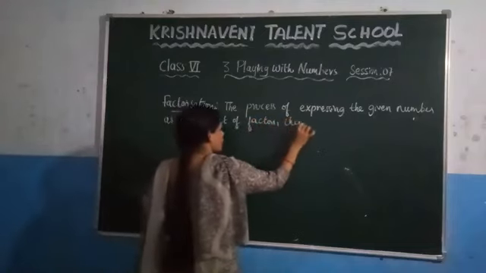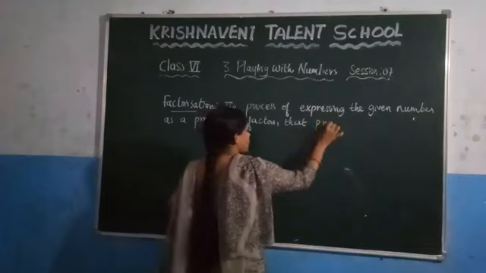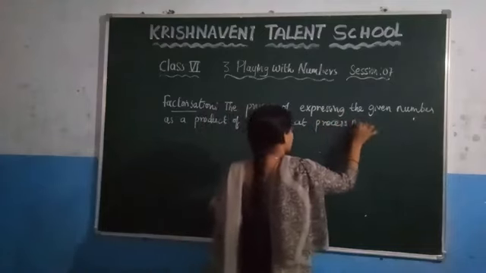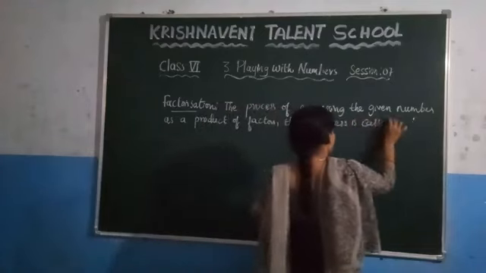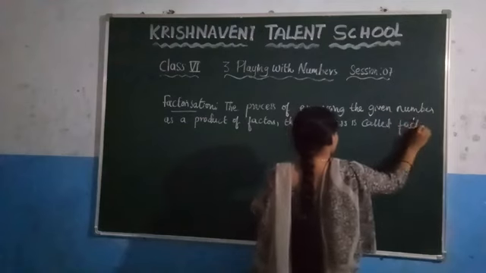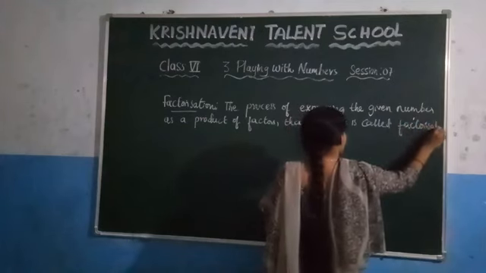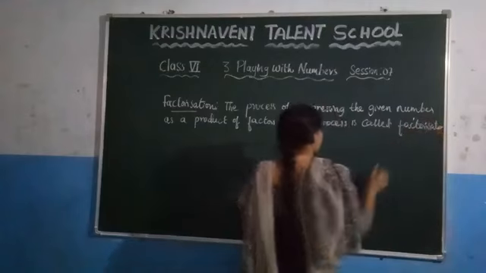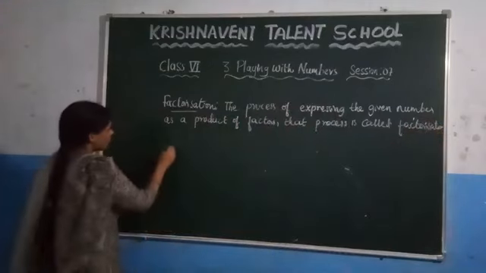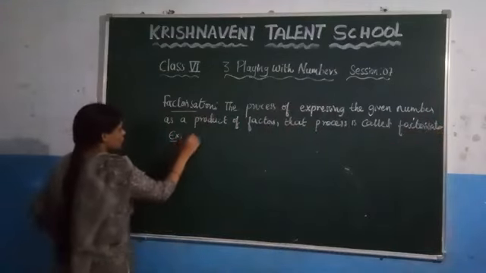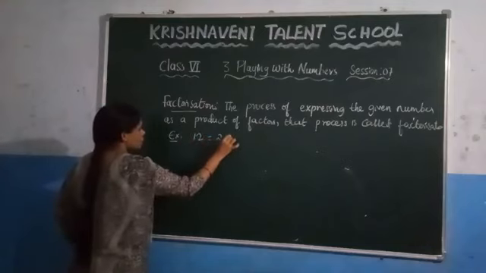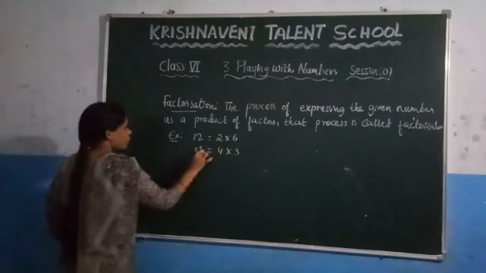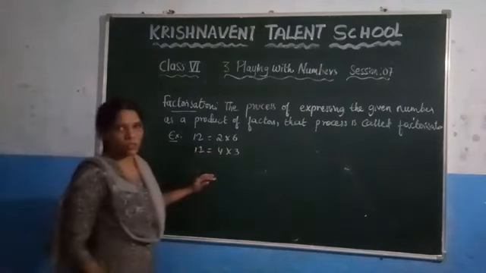That process we call factorization. So here you can take the example. Here you can write 12 as 2 into 6 and you can write it as 4 into 3. So we have written this number as a product of the factors.